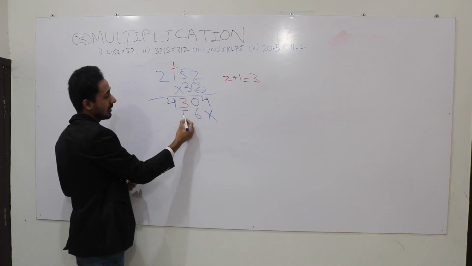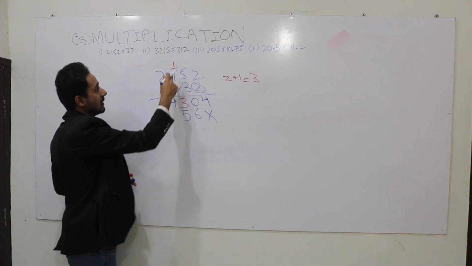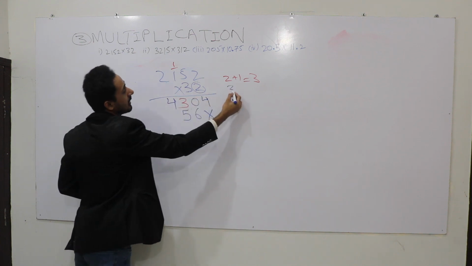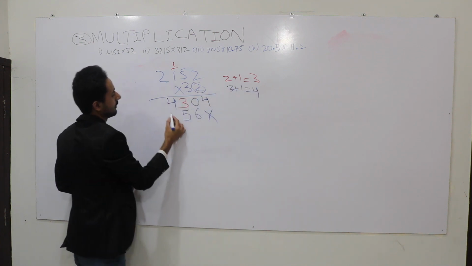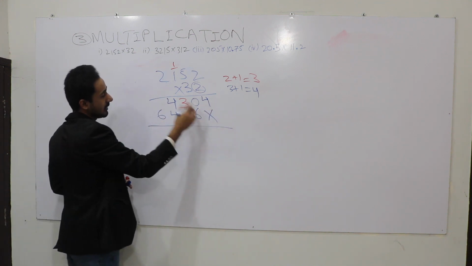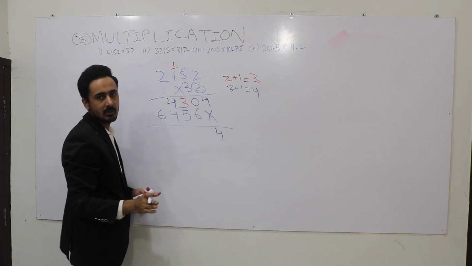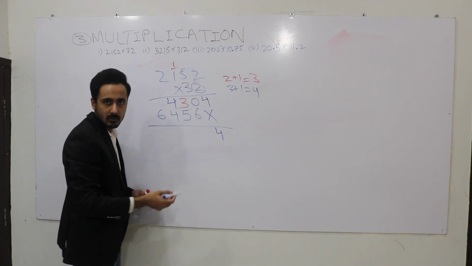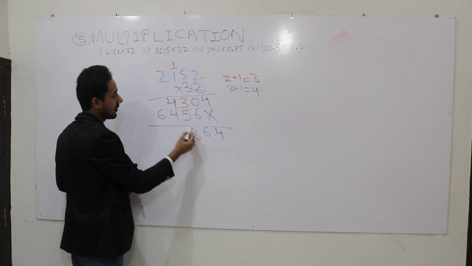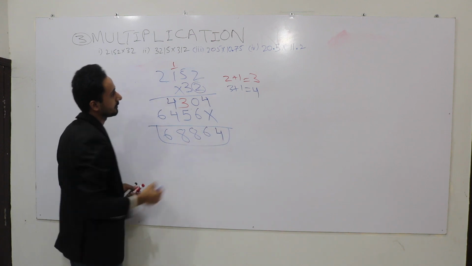Again the first digit of 15, which is 5, will be written here, and the second digit will be carried over, which is 1 again. 3 1s are 3, and 1 will be added to that 3, so this will be 4. Then 3 2s are 6, this will be here. Now we will add these: 4, and cross is nothing, this is an empty space, so this will be 4. 0 plus 6, this will be 6. 3 plus 5, this will be 8. 4 plus 4, 8, and 6. This is our answer.